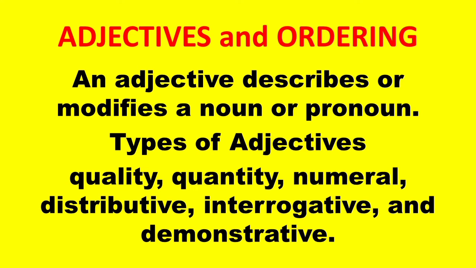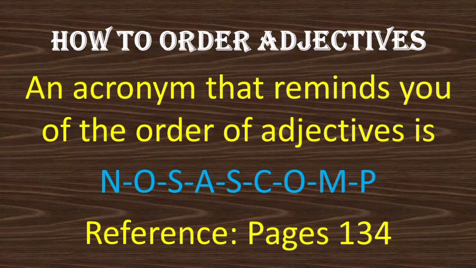Feel free to make references to your textbooks and even to the videos we made on the blog to explain them. Now, how do we order adjectives? There's a simple clue I gave you on how to do that. So we talked about an acronym that reminds you of the order of adjectives, and this is known as NOSE.